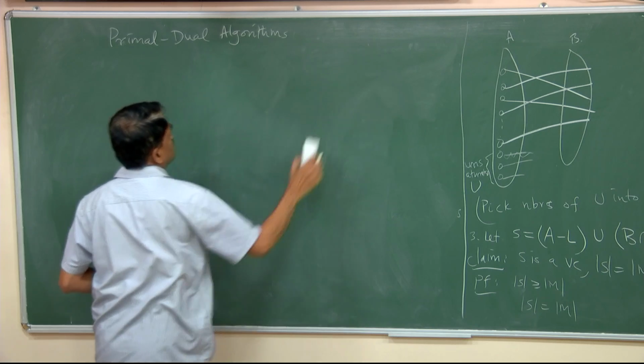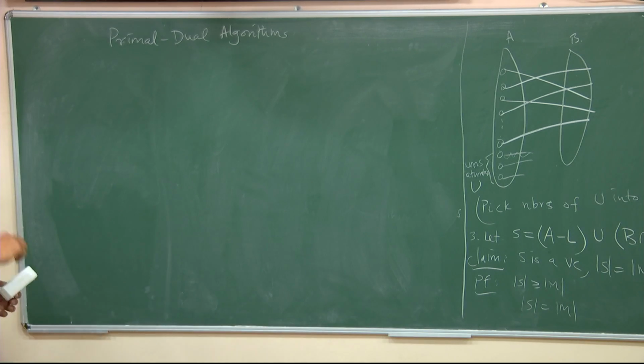So this is again a class of algorithms which doesn't involve solving LP, but it will be guided by LP duality, complementary slackness, and we will obtain nice combinatorial algorithms.